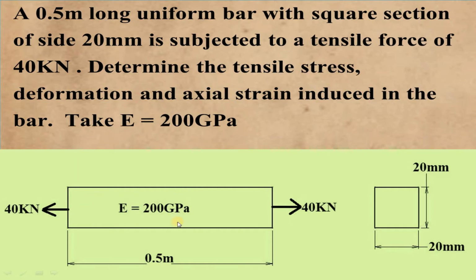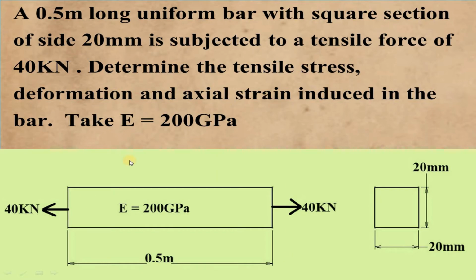The square bar will undergo deformation. Axial strain will be induced in the square bar. So in this question we have to find three values: one is tensile stress value, second one is deformation value, and third one is axial strain value.